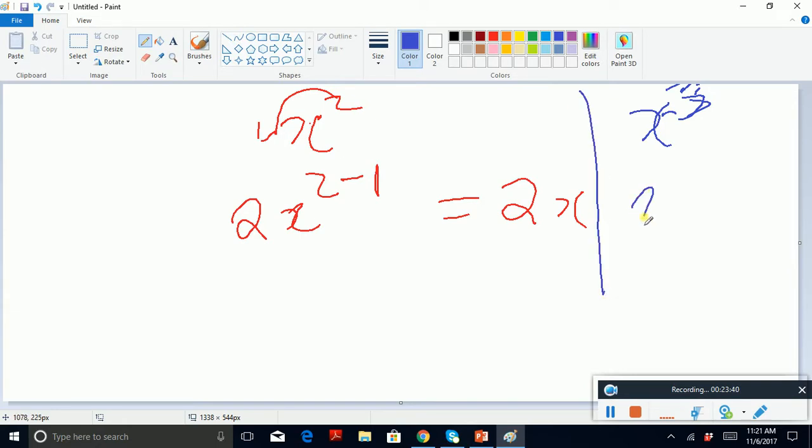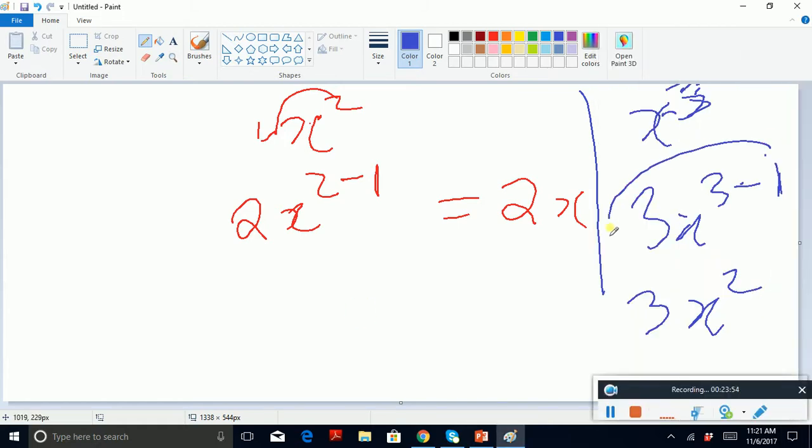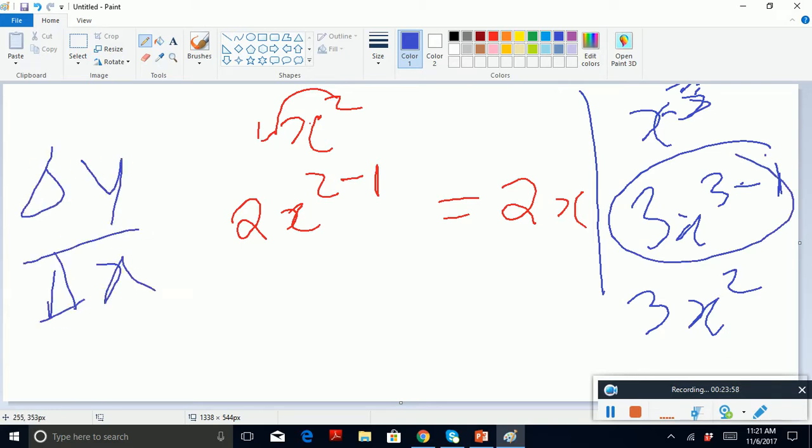So 3 would come in front and we have to subtract 1 from the power, so it becomes 3x squared, right? Is it clear? It's very basic, but you need to know this, because we always like the change in y with change in x. As economists, we always want to know what's the change in y. In this case, what's the change in consumption with respect to the change in your average income. Okay.